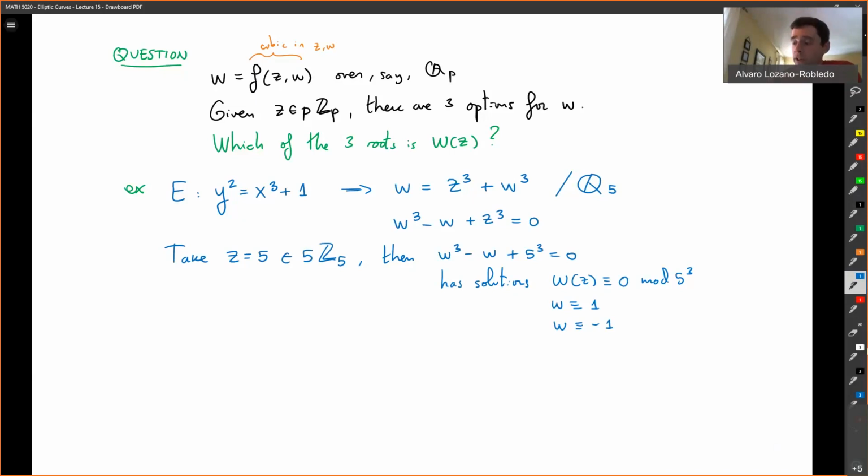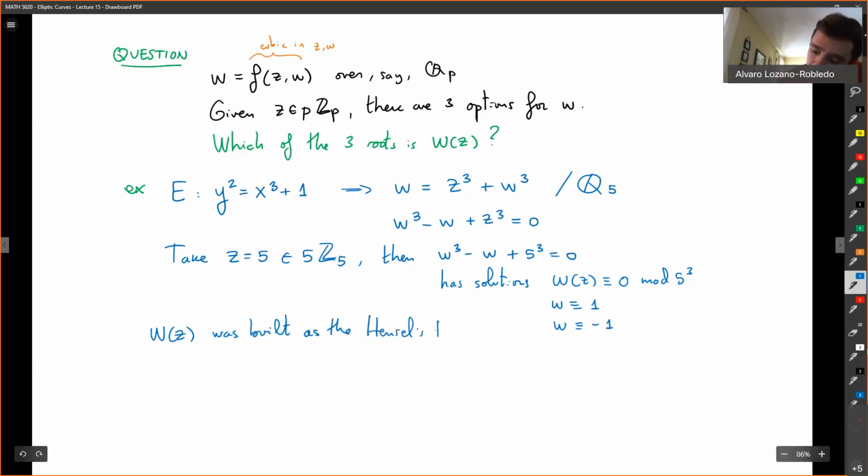That power series W(Z) that Hensel has produced was built as the solution, by Hensel's theorem, to f(ZW) minus W with a equals 0.